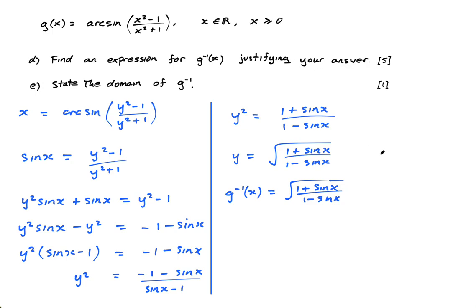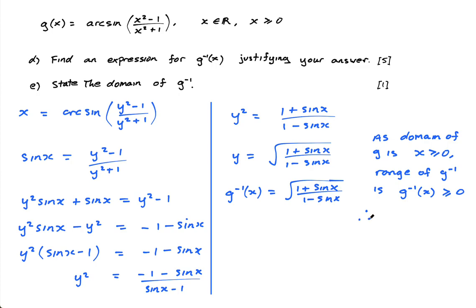What he wants from that is you have to say, as the domain of g is x is greater or equal to 0, the range of g minus 1 is y is greater or equal to 0. So we need this, or I should say g minus 1 of x, to be greater or equal to 0.